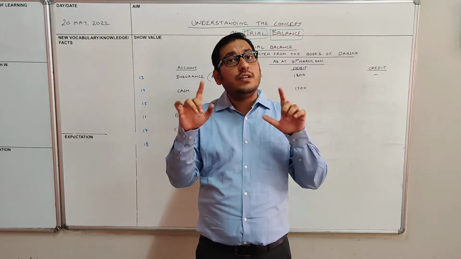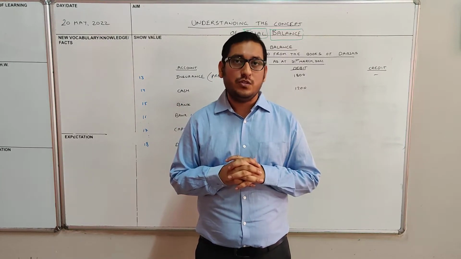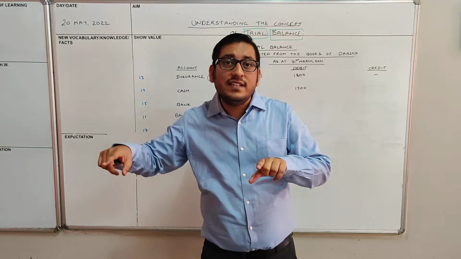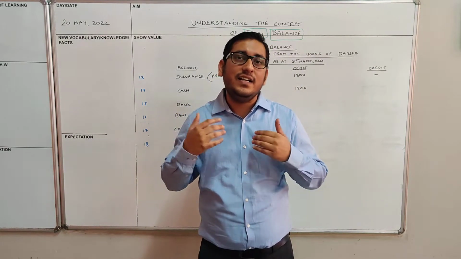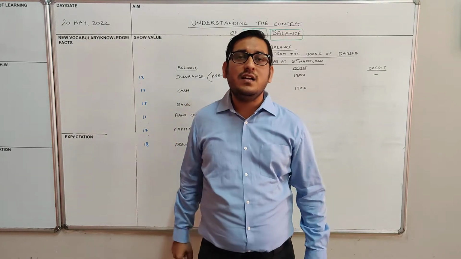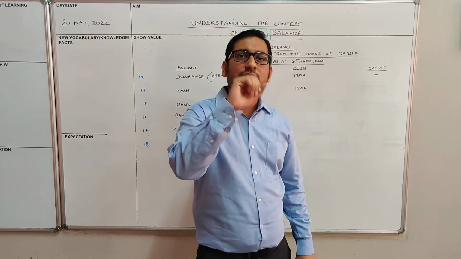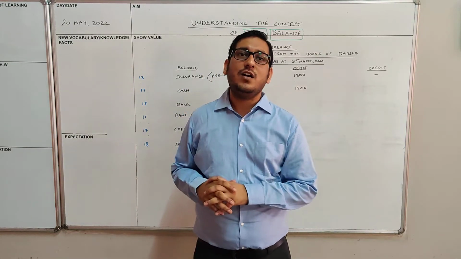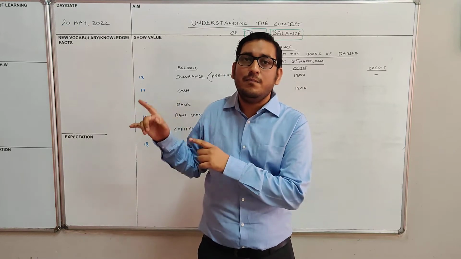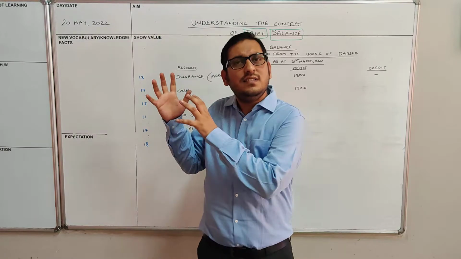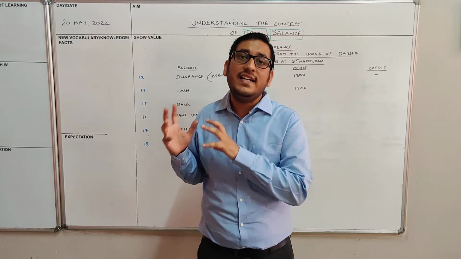So we have already prepared the cash book, the bank balances. If bank balance debit side is more than credit side, then definitely I have a debit balance in the account. If I have 20,000 rupees in my bank account and I withdraw only 5,000, then 15,000 remains in my bank account. It is my saving and my bank account will always show in my books on the debit side because I have a saving, I have an asset.